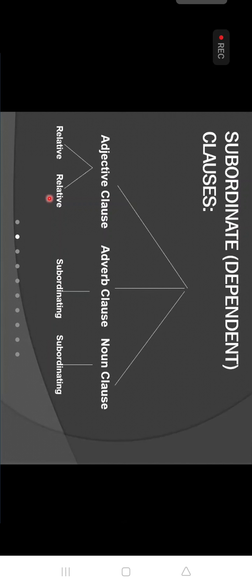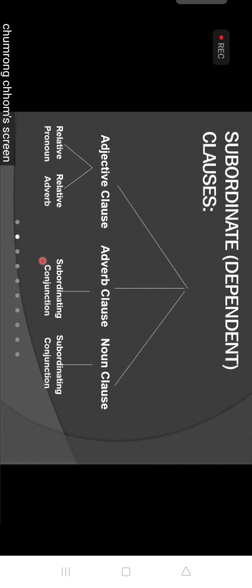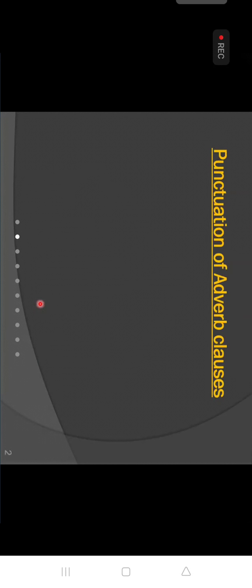But actually their name is what? Subordinating conjunction. All are the same. Remember again that adjective clause, noun clause, and adverb clause are used with what? Subordinating conjunction.